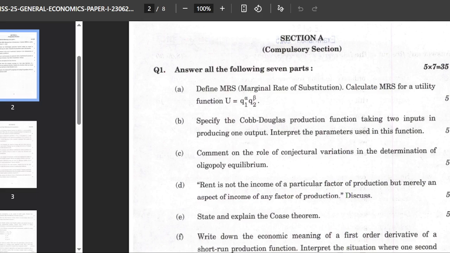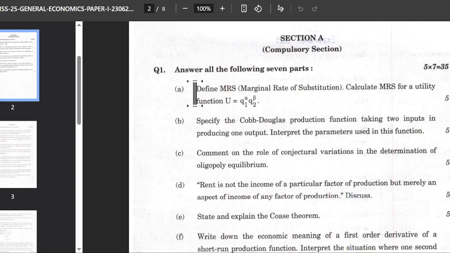Hello friends, in today's session we'll solve questions from section A of Indian Economic Service General paper 1, and not all questions but the ones which involve mathematical calculation basically.